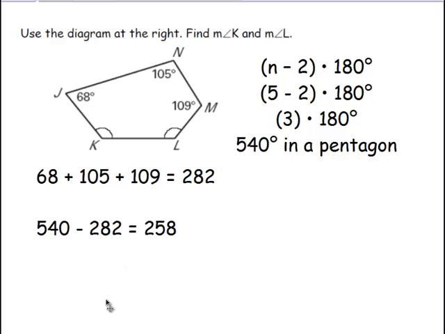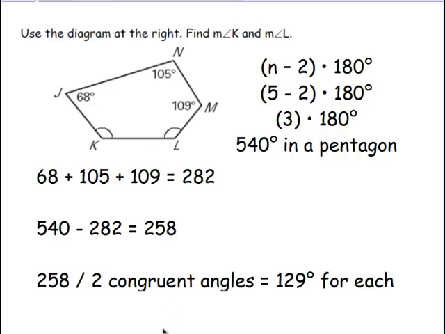Take that away from 540 and I'm left with 258. That's 258 degrees to split between K and L. And since they're congruent, 258 divided by those 2 congruent angles is 129 degrees for each missing angle. So the measure of angle K is 129 and L is also 129.